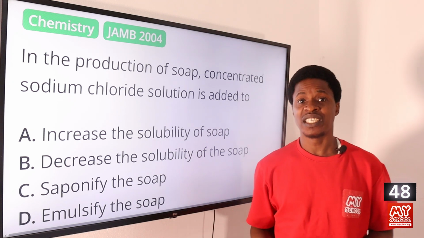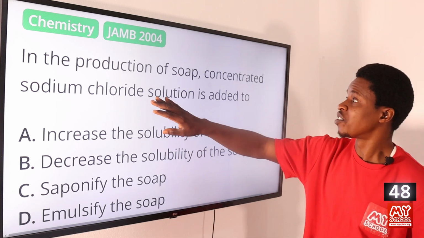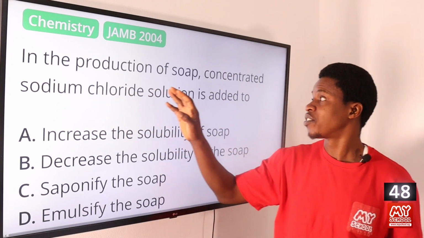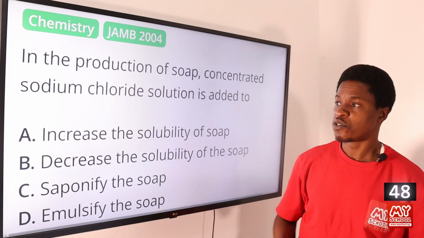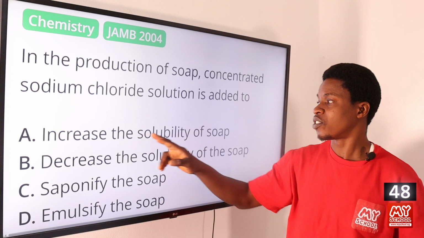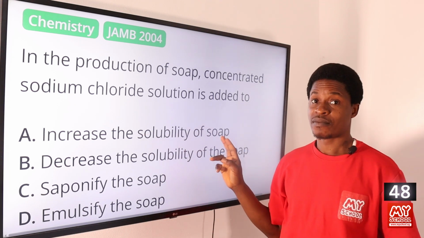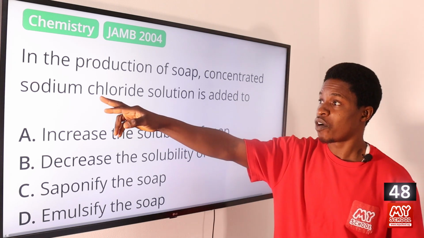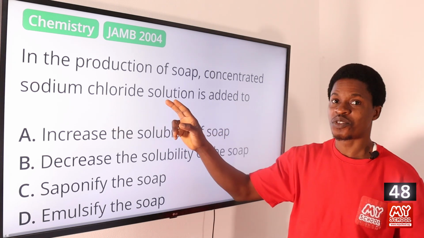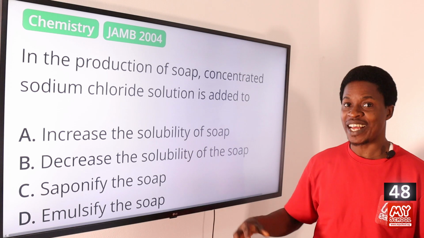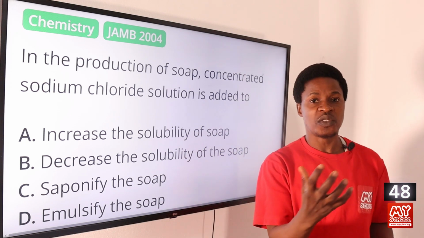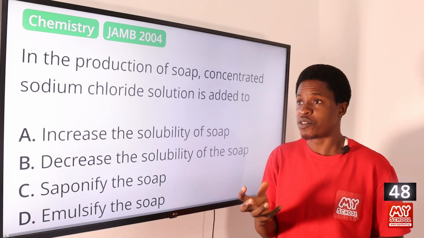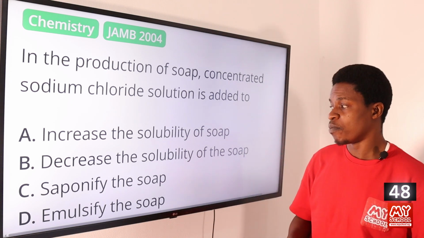That is the essence of adding concentrated sodium chloride solution during the production of soap. Option A says increase the solubility of soap. No. Don't forget, this is sodium chloride solution, of course a brine solution. When you add it in, it will sort out. It will precipitate, form out, so that it will not be soluble.